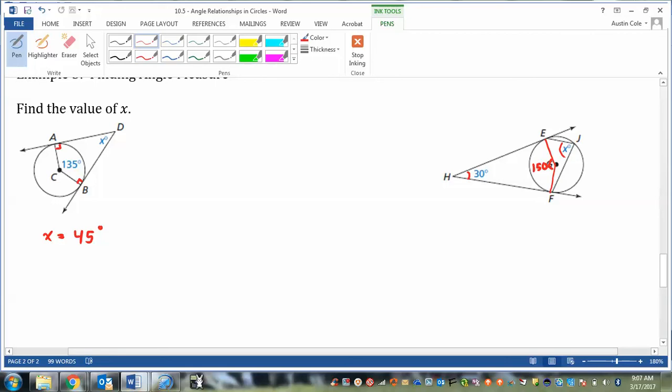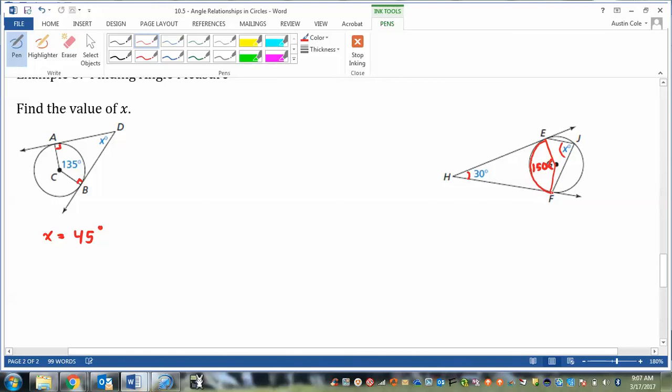Would you guys agree that x, or angle J, is inscribed? Yeah. What do we know about inscribed angles? They're half of the intercepted arc. Well, what is the intercepted arc of angle J? It's this arc right here.